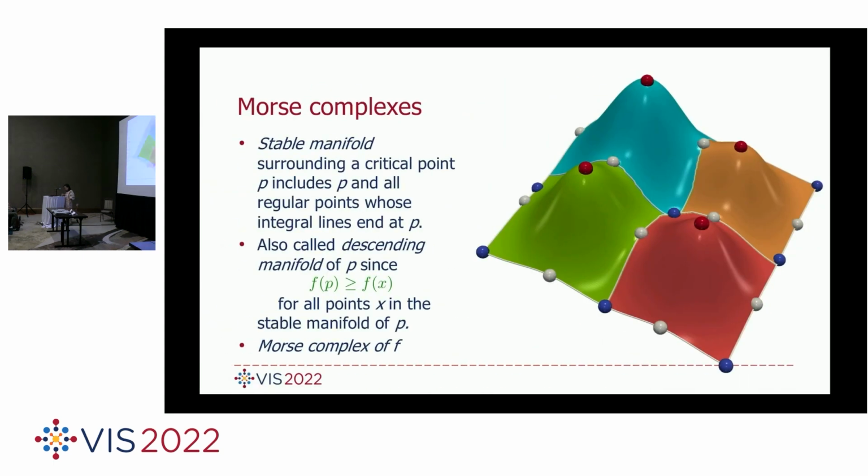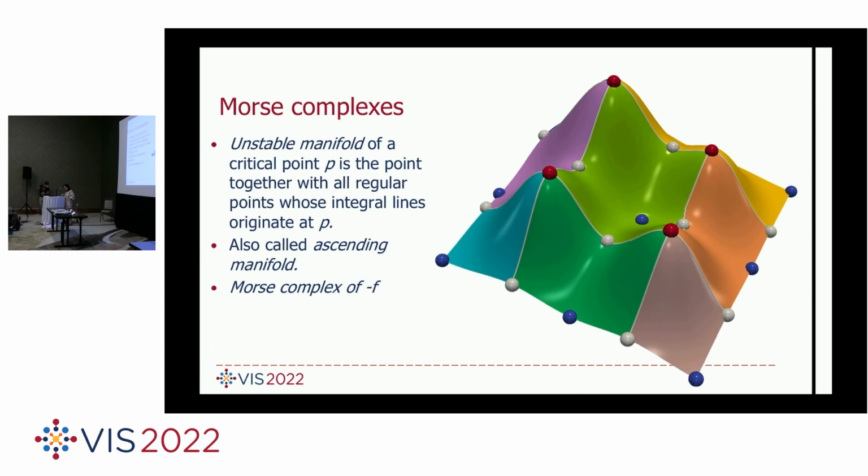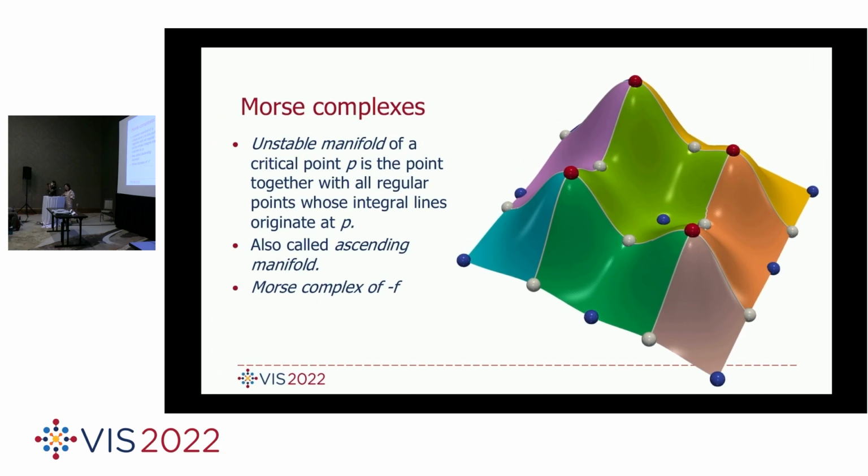The stable manifold will decompose the domain into those two-dimensional cells, versus the unstable manifold, which will also decompose the same domain into those colored cells. An unstable manifold is that, if I have, for example, a two-dimensional cell of my unstable manifold, it includes the local minimum, and it includes all the points whose gradient moves away from this local minimum, okay? So then finally, this is also called the Morse complex of the inverse of F.